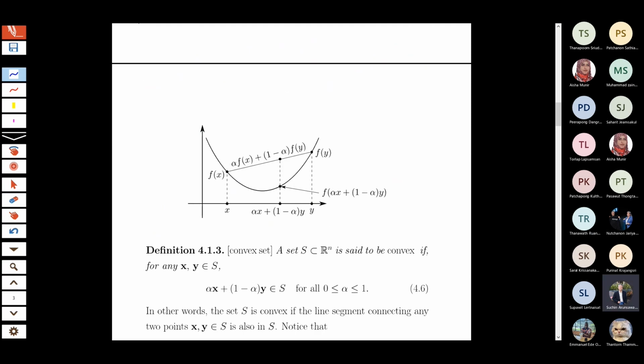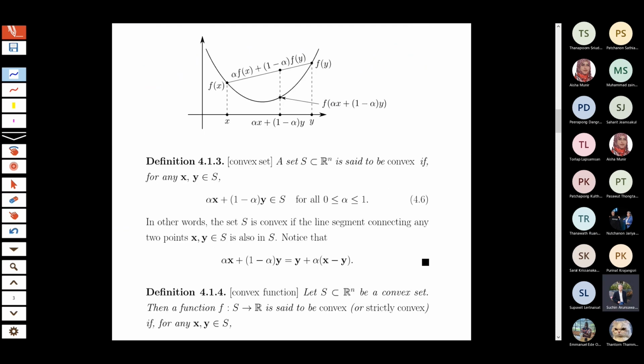Now let's look at the definition of convex set and then convex function. Before we define a convex function, we have to define the convex set first.